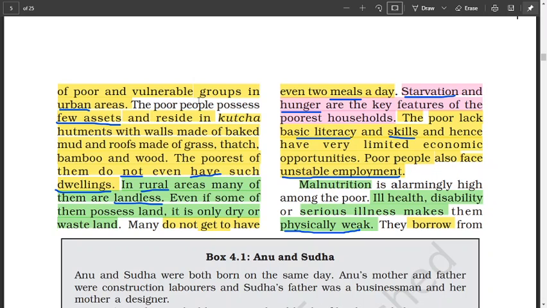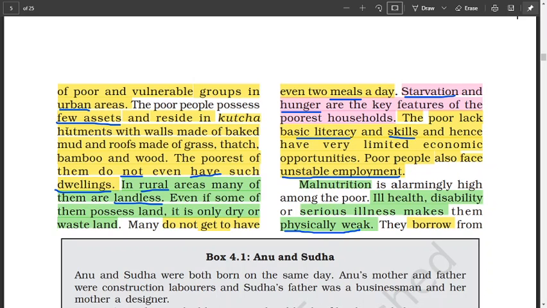And these are a vulnerable group because they may have income, but at times they may also face problem of earning. So these poor people, you can find, they may have assets, they may have some property, and they may have a house to live in for some lucky ones.